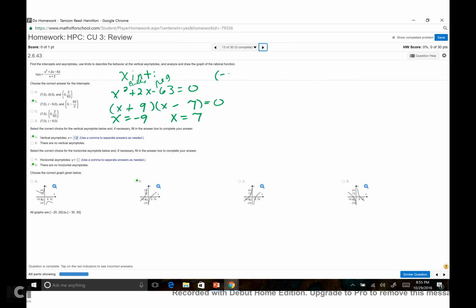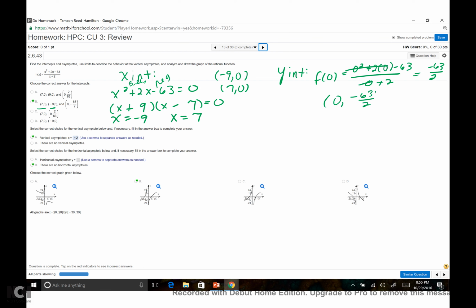So those two ordered pairs would be (-9, 0) and (7, 0). To get my y-intercept, I find f of 0, which would be 0 squared plus 2 times 0 minus 63 over 0 plus 2. That's 0, that's 0. And I get negative 63 over 2. So that ordered pair would be (0, -63/2).